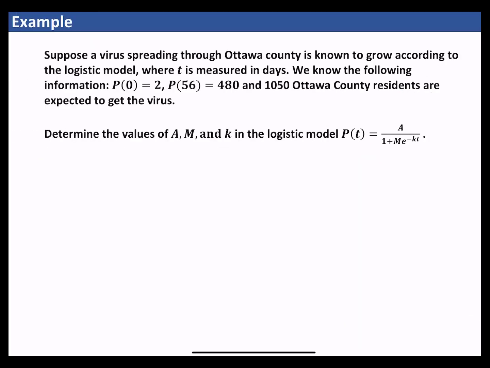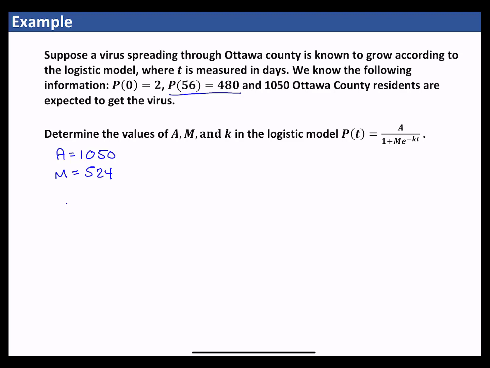So we'll just make a note here. We knew a equaled 1,050, m equaled 524. And so we're going to use this other non-zero data point, p of 56 equals 480.